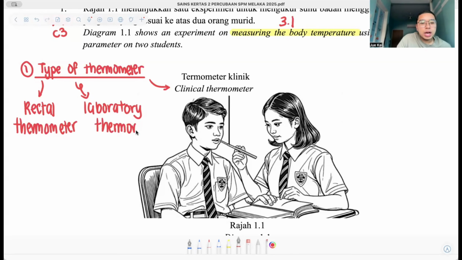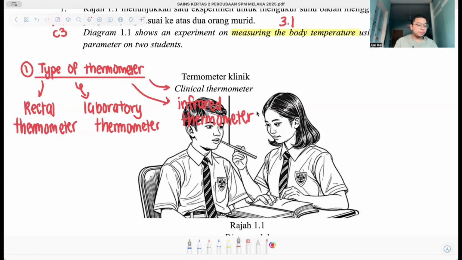And the last one we have is the infrared thermometer. So these are the four types of thermometer that you need to know.